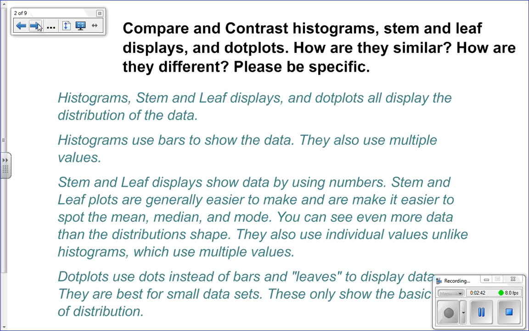Compare and contrast. Here's a different one. Again, the student looked deeper than just how it looks. They all display the distribution of the data. That's true. Histograms use bars, with multiple values. Stem and leaf display shows data by using numbers.